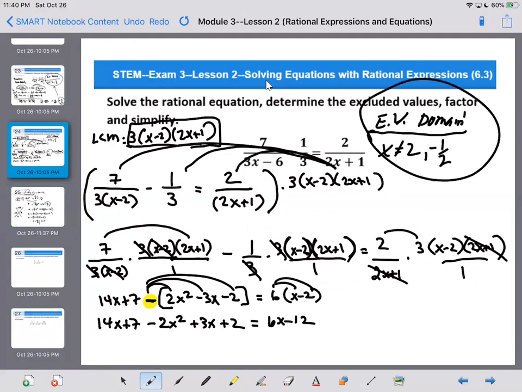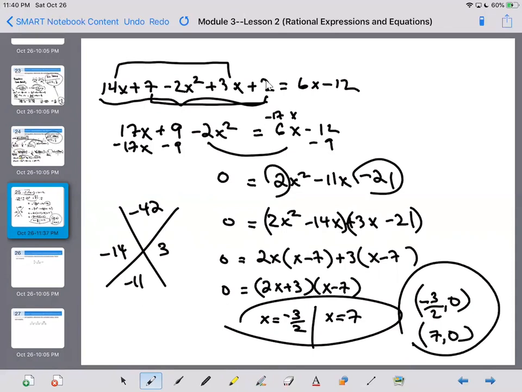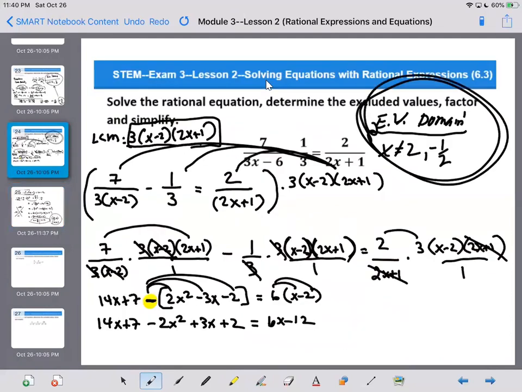And that would be no. So I would keep my excluded values and then note that I have two solutions, negative 3 halves and 7. So that would be negative 3 halves, 0 and 7, 0. Those would be my solutions, along with my excluded values of x cannot be 2 and x cannot be negative 1 half.